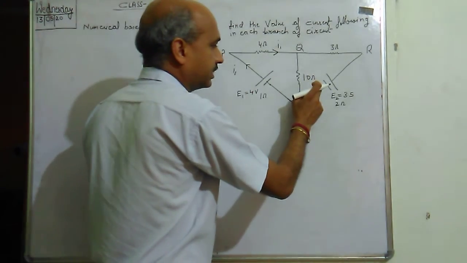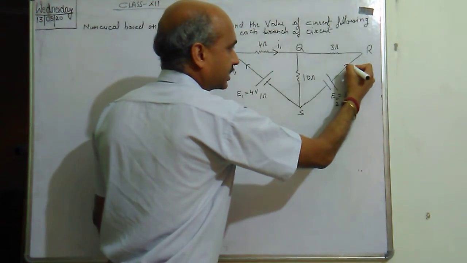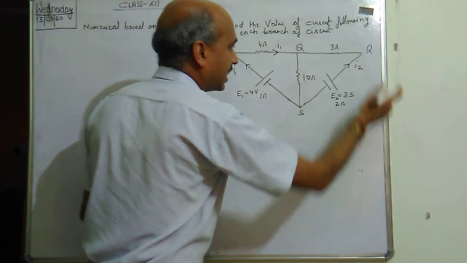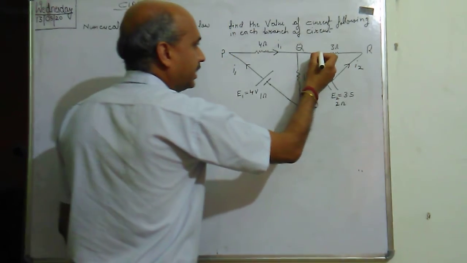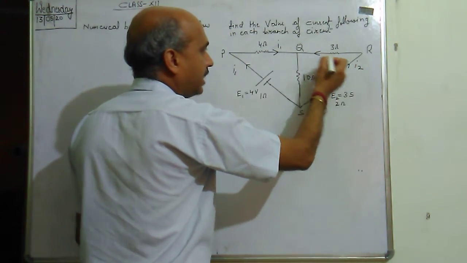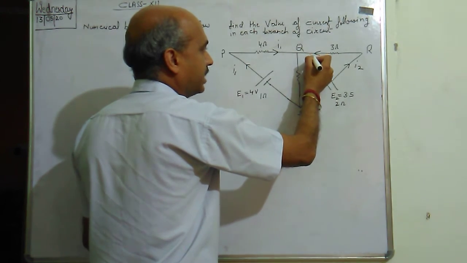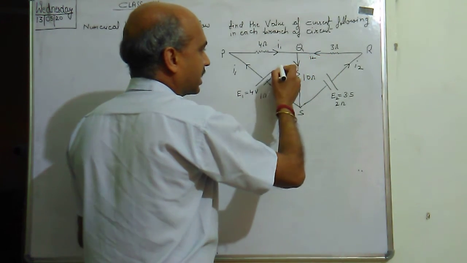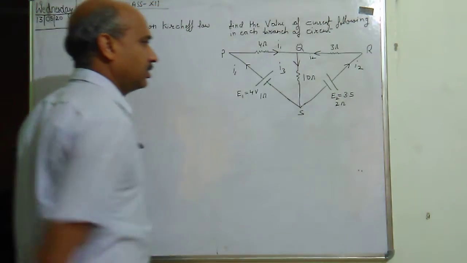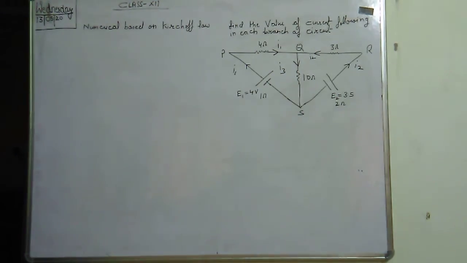Now again from negative to positive, suppose the current I2 is flowing from here. The I2 will reach here. So this is I2. Suppose in this branch current I3 is flowing.